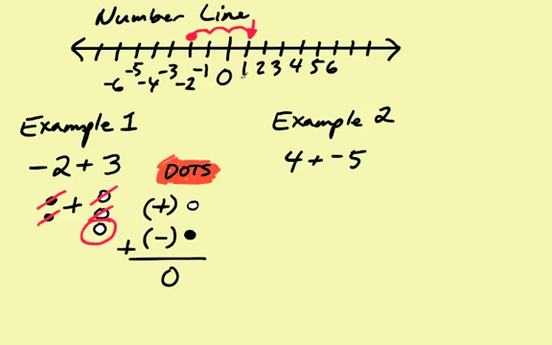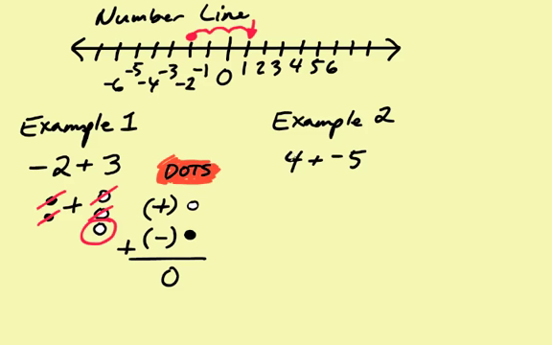And +1 is what's left over. So you can think of it as a number line answer. You can think of it as an answer that's created with dots. Or if you're really good with this, you probably don't even need this tutorial, and you can just go ahead and combine those numbers in your head. But for those who do need the number line or the dots, you have either option, and either one is perfectly fine.